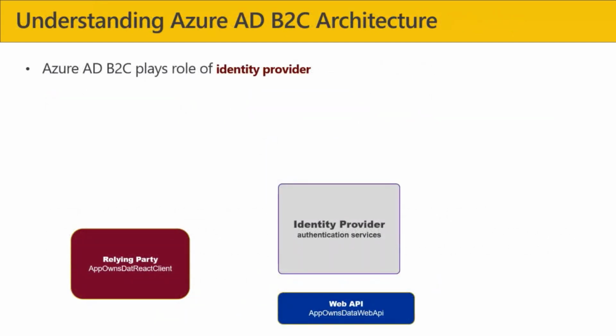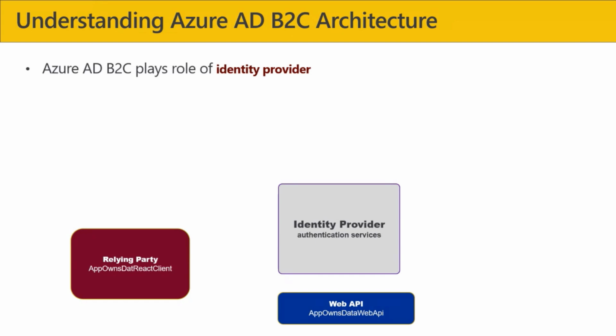Okay, now as we drill inside here, what I want to do is to step through how things are going to work. So we have Azure AD B2C, which is going to play the role of an identity provider. And the idea is that you're an application developer. Now, we're going to use a special term here, relying party.